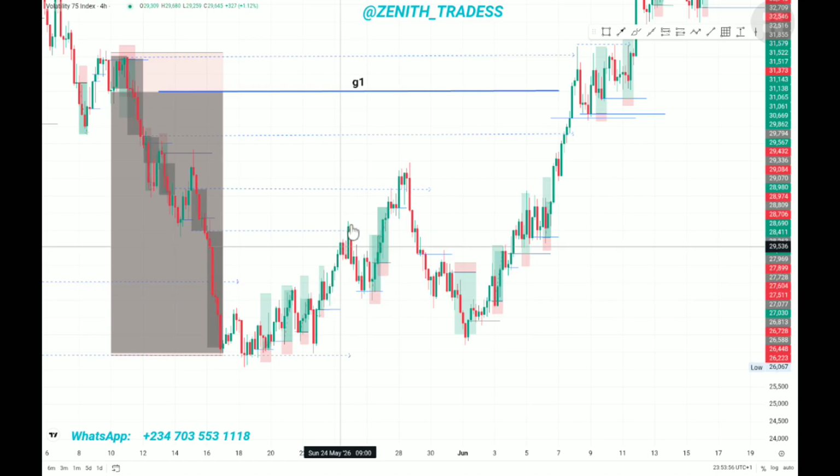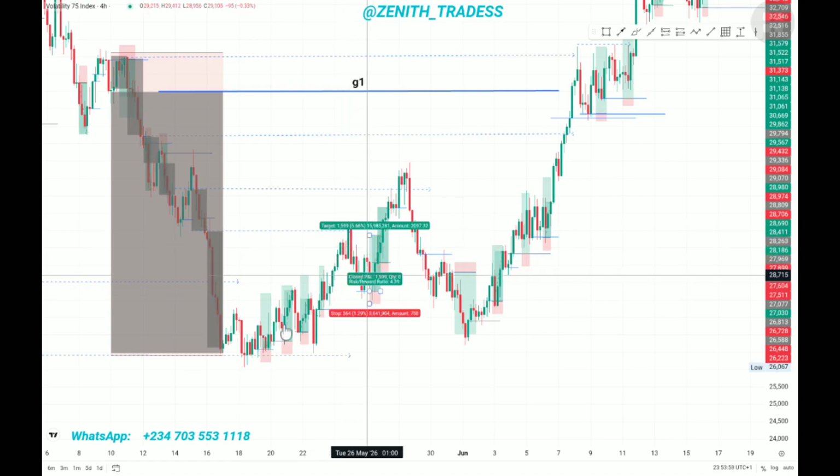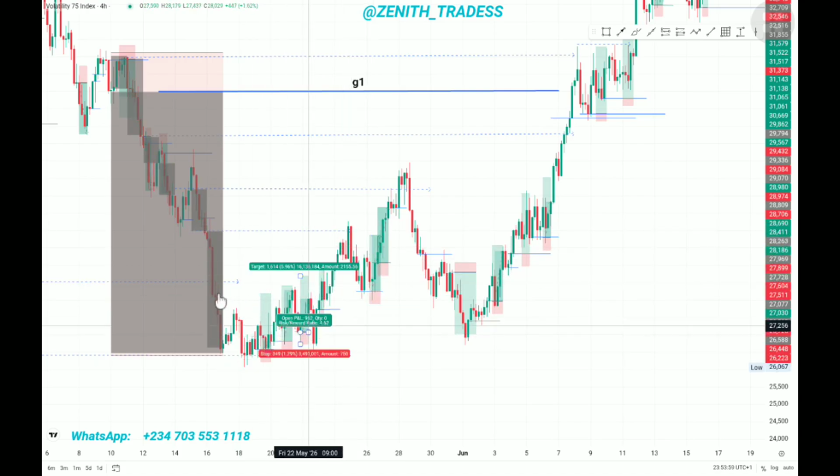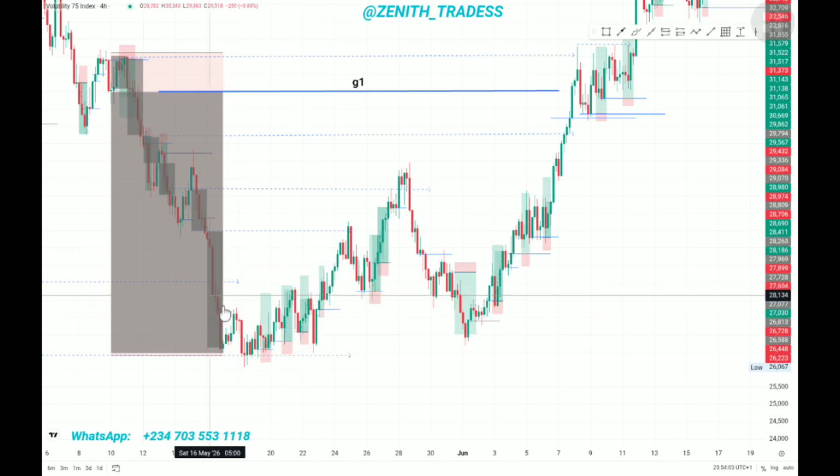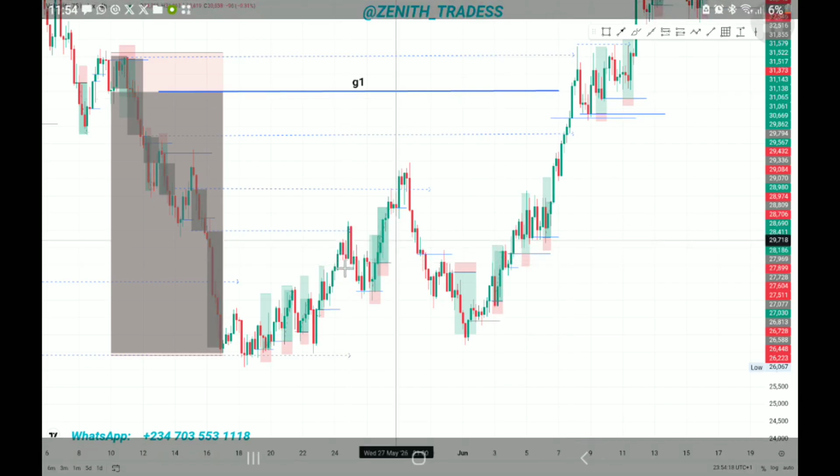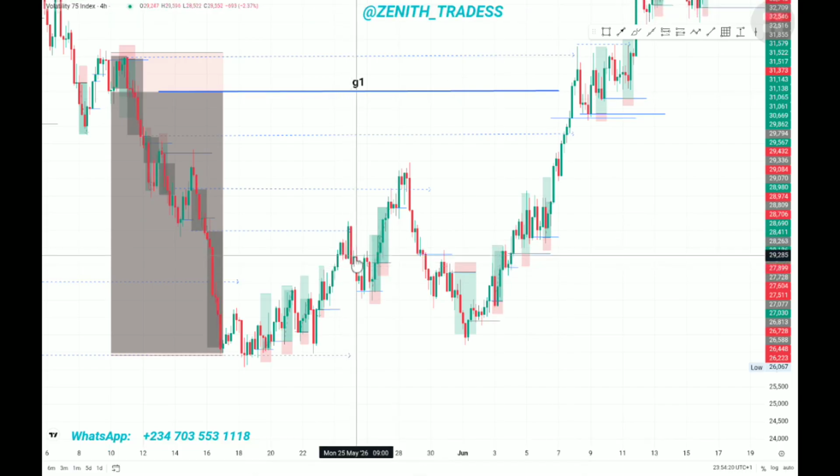These reactions too are visible, probably in reaction to 4-hour candle open prices here, but the one that is significant is the one that tapped on the daily open. You can see that despite the fact that it is a directional candle, it did not hold. The opening price did not hold. I hope you can see here. Look at where my cursor is. This candle tapped on daily open and it did not hold.